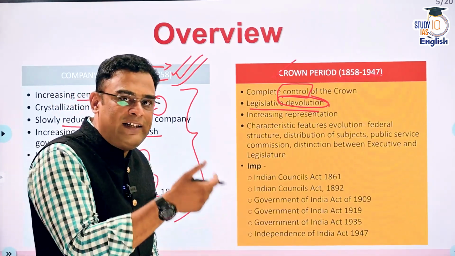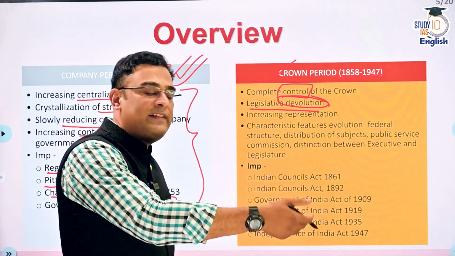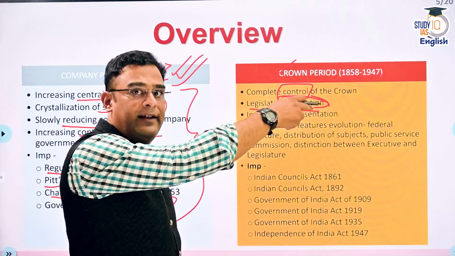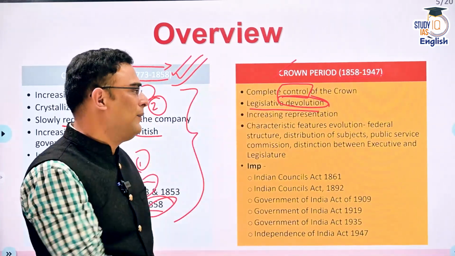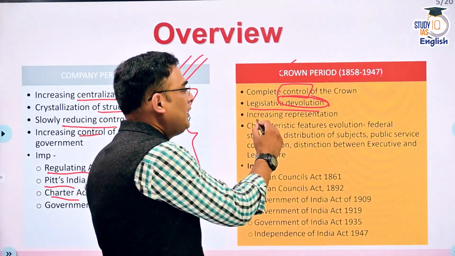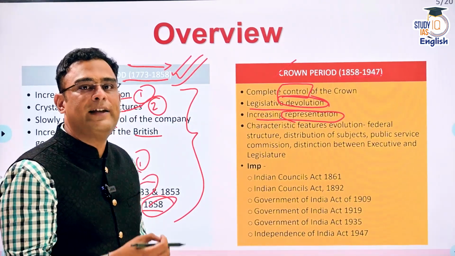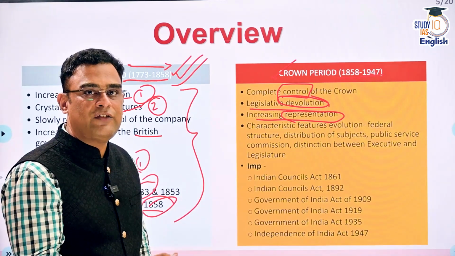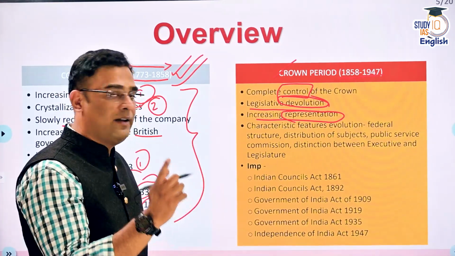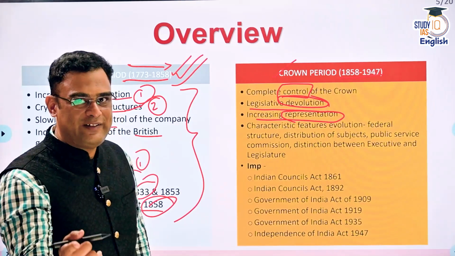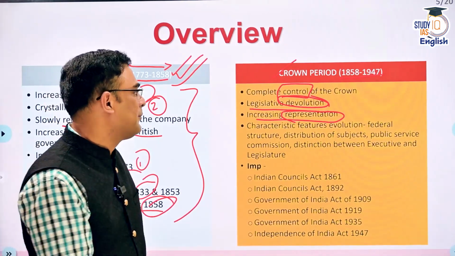So slowly, steadily, that legislative devolution process starts from this phase, starting very initially in 1861 itself. Second, increasing representation. More and more sections will start to find representation in the process. So devolution, representation going on increasing.